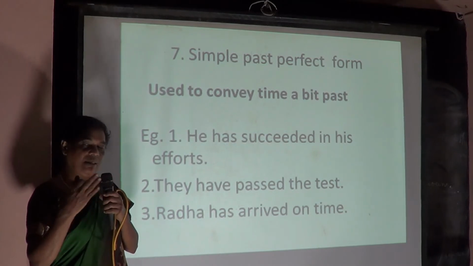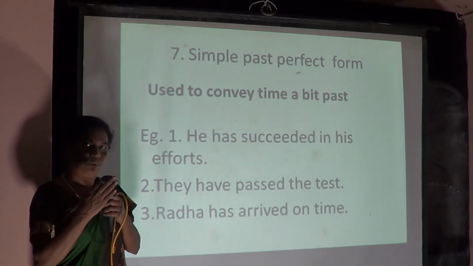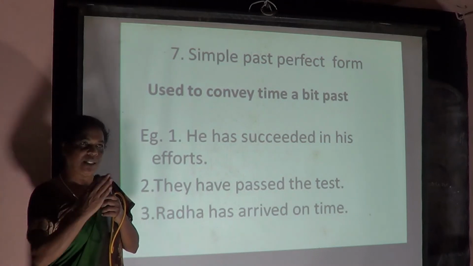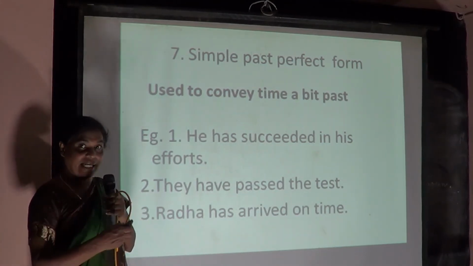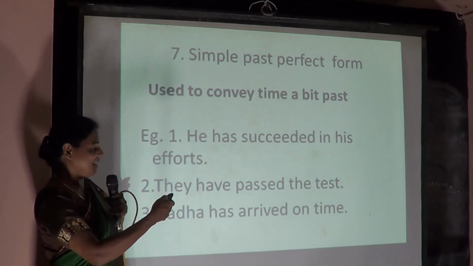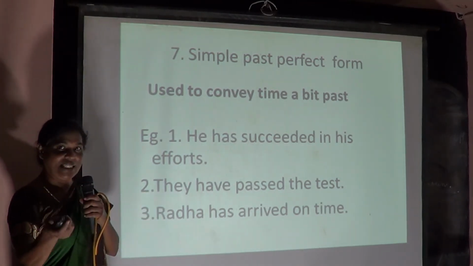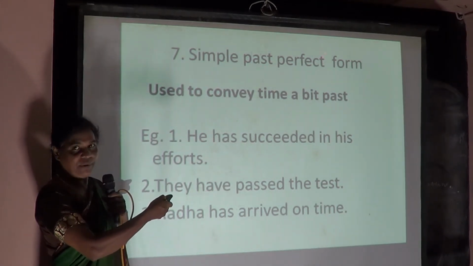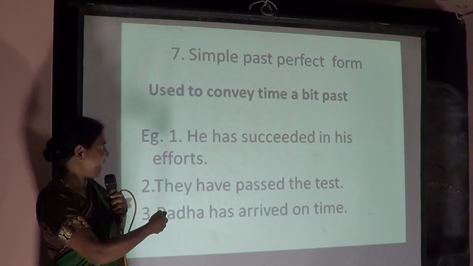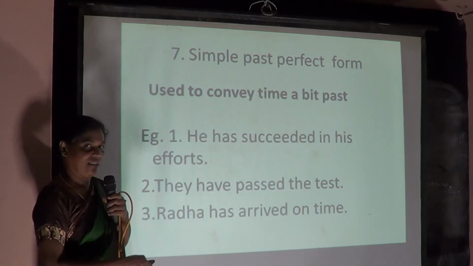You will always be trying towards that goal, how to reach that goal. And if you have been a success, after making yourself a great success, you can put that success into the past perfect form, right? So it is going to be, he has succeeded in his efforts.